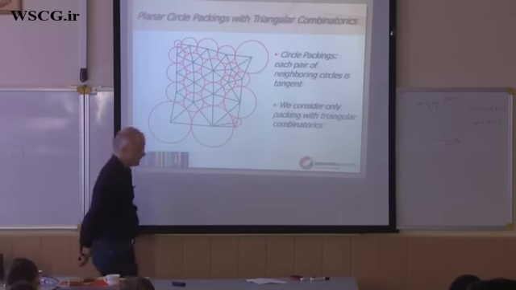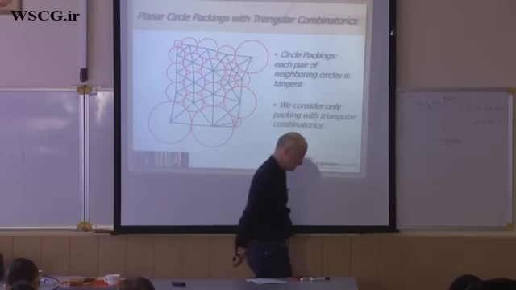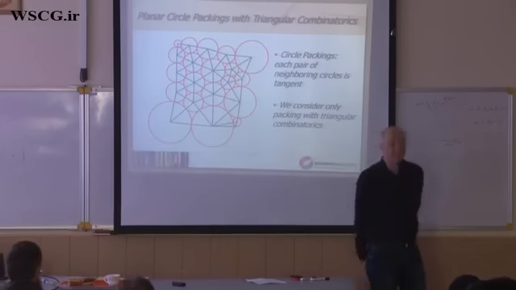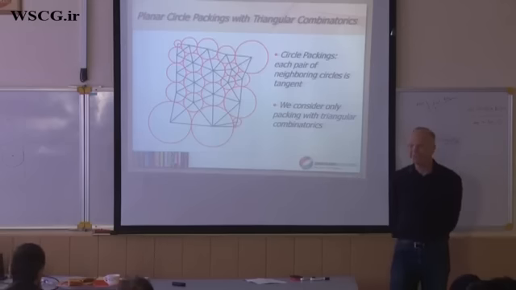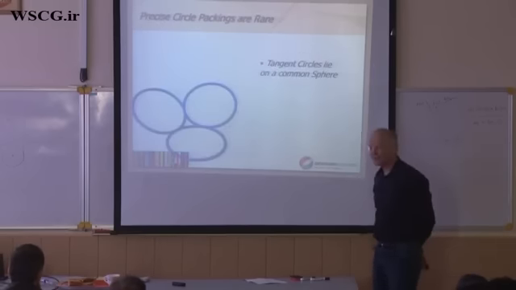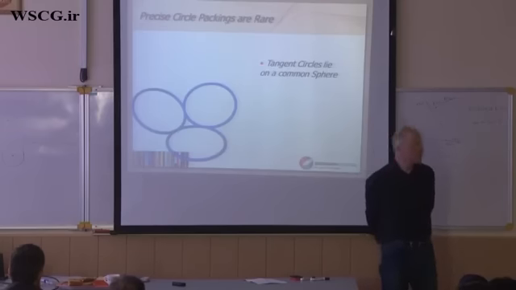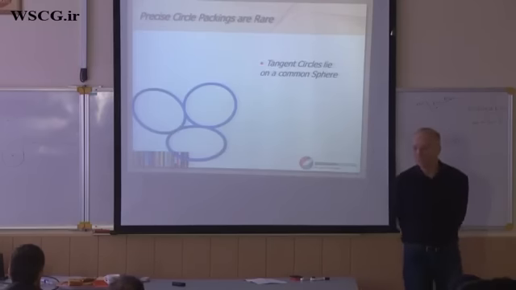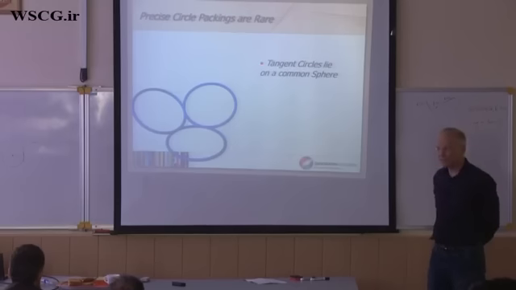Now the question arises, can we do it in 3D? In the plane, obviously we can do it, but can we do it in 3D? Now let's look at three circles which are pairwise in contact.